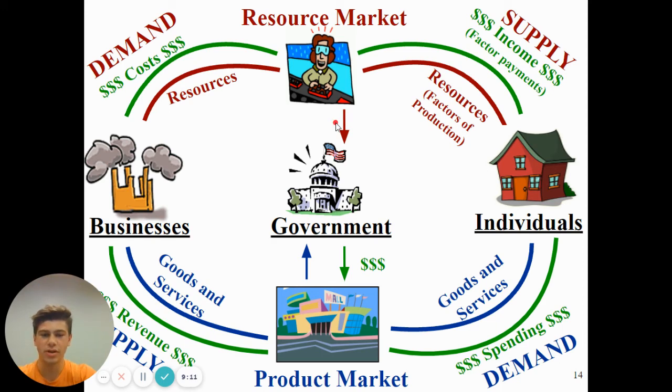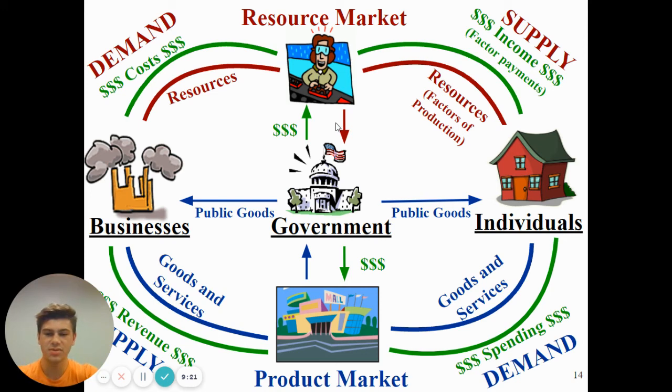People obviously work in and for the government, and then in turn, the government pays those people. And the government then sells or gives public goods, I should say, to businesses and individuals, such as roads for us to drive on and bridges for us to cross large bodies of water. And in turn, we pay taxes. That's how the government really makes money, taxes.